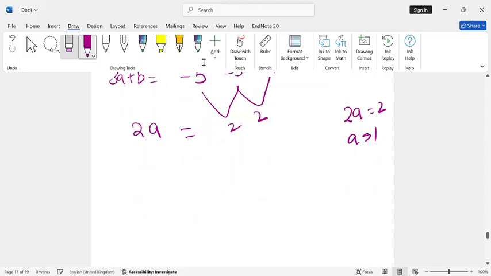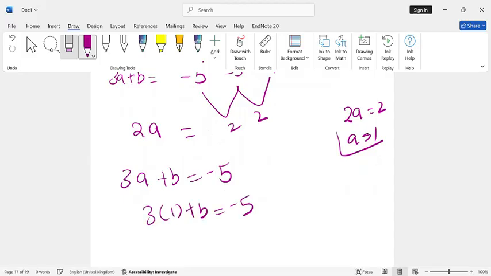And if we put the value in the equation over here, as you can see A equals 1, and we have 3A plus B equals minus 5. So if I put the value of 1, 3 into 1 plus B equals minus 5, it gives you B equals minus 5 minus 3, B equals minus 8.